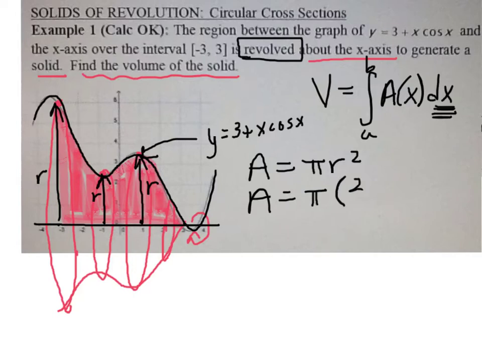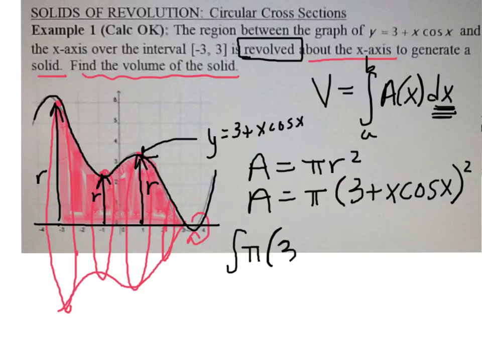The radius is the y value of the function. The square does not distribute, so we'll have pi times r squared. And we're integrating this thing.